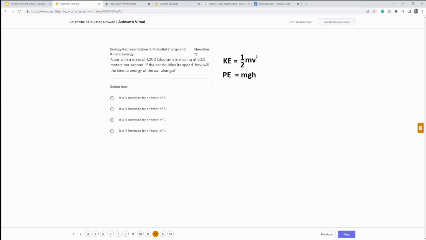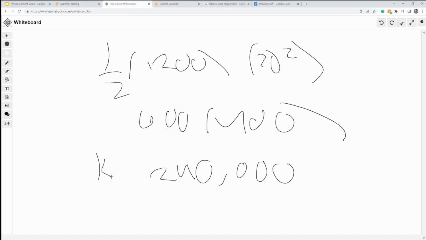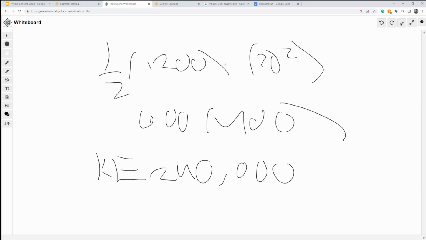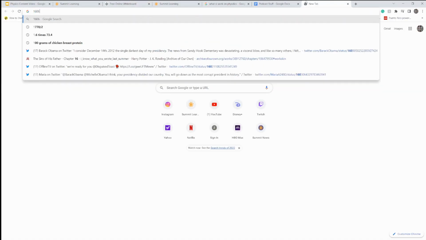So we know the base value of the kinetic energy is 240,000. It's saying double the speed, so that means we're doubling the velocity. That would be 40 squared instead. So instead of 400, we would have 1600. And 600 times 1600 would be, let's see, let's calculate. I'm too lazy to.